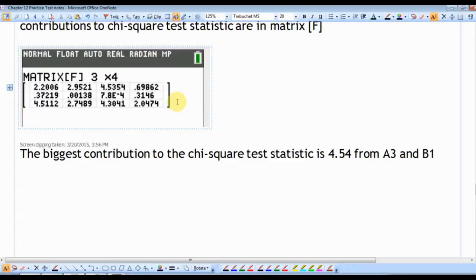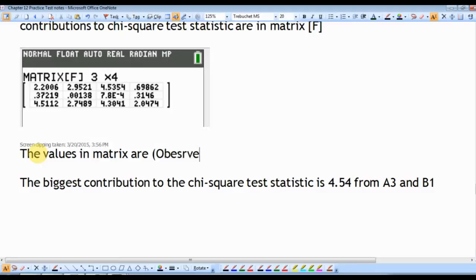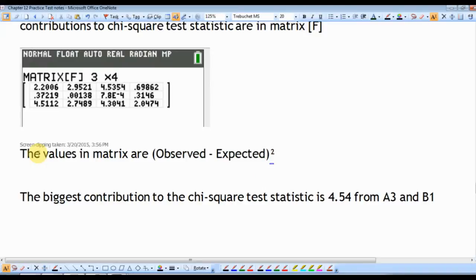I'm really confused on what this means, the biggest contribution. Okay, let me tell you what these values are. The values in matrix F are observed minus expected squared, divided by expected.